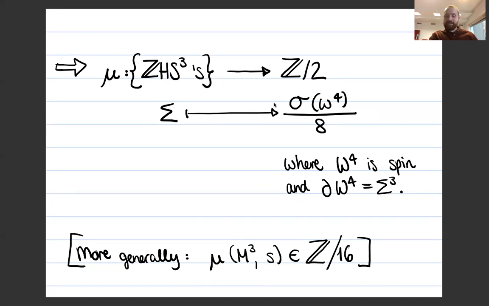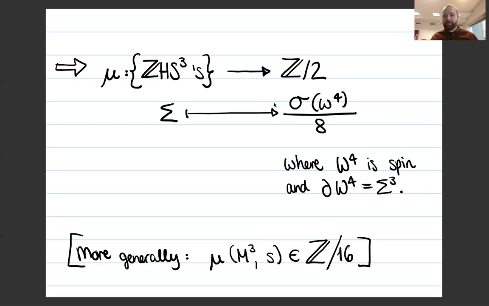And then you take the signature of this 4-manifold and you divide it by 8, and you look at that mod 2. And if we look back to this preceding theorem of Rokhlin, this shows that this is well defined, independent of the choice of 4-manifold. And so you get this Z2 invariant of your integral homology sphere.